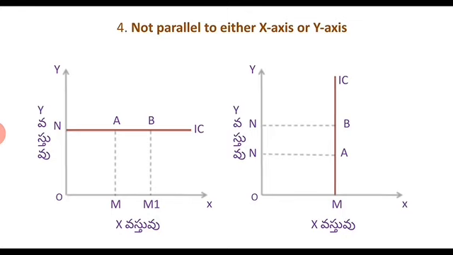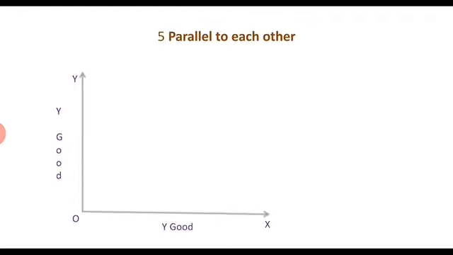In combination B, good Y is more than in combination A. So it is not possible to have different satisfaction giving combinations on an indifference curve. So the indifference curve should not be parallel to the y-axis.